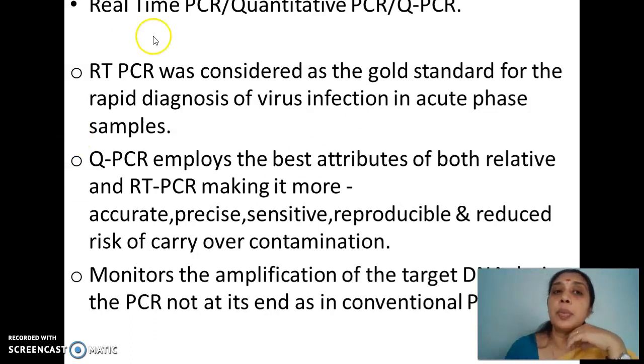Another type of PCR is real-time PCR, also known as quantitative PCR or qPCR. It should never be confused with RT-PCR. RT-PCR is not real-time PCR; it is a reverse transcriptase PCR. RT-PCR is considered the gold standard for the rapid diagnosis of viral infections, and that is what we are doing now.